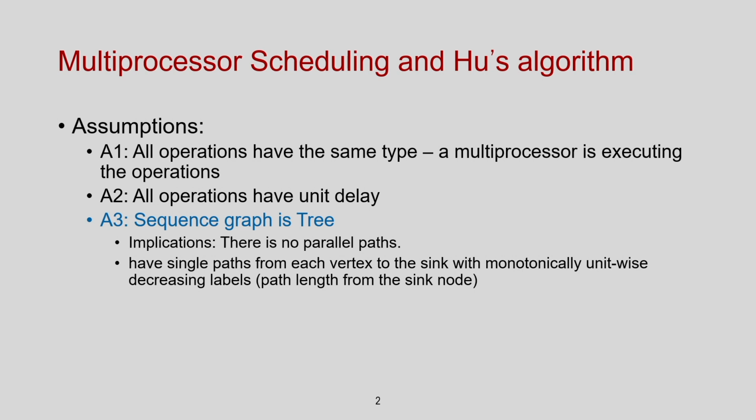That means from any node you have exactly one path to the sink node. Because there are no multiple possibilities for reaching the sink node, for the cases where assumptions 1, 2 and 3 hold, you can have an algorithm which selects the subset I was talking about.